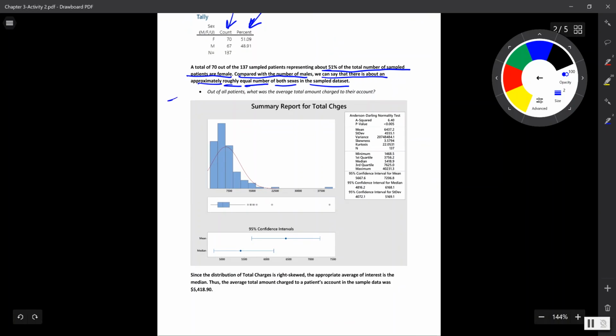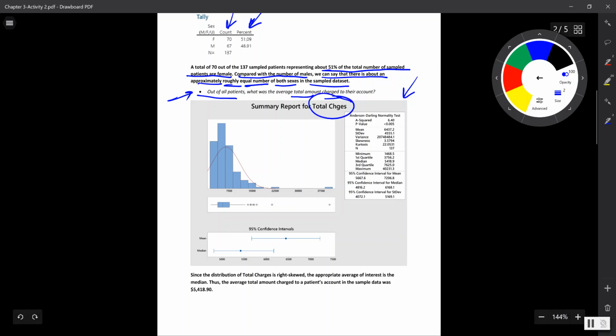The next question we want to answer is, out of all patients, what was the average total amount charged to the account? So the emphasis here is on the total charge to the account. Again, the emphasis here is on the total charge to the patient's account. At this point, we will need to generate a summary report for the total charges variable.